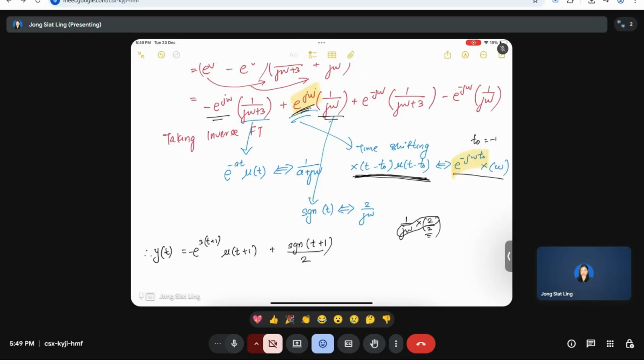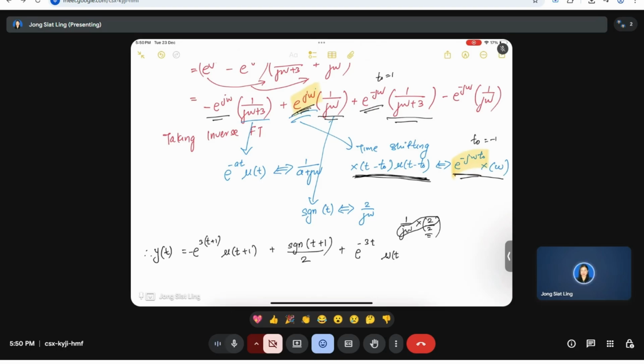Okay. Then for the third one, 1 over j omega plus 3, you will get exponent negative 3t u(t). Okay, but if you look at here, this is exponent power of negative j omega. This means that now the t naught here is 1.